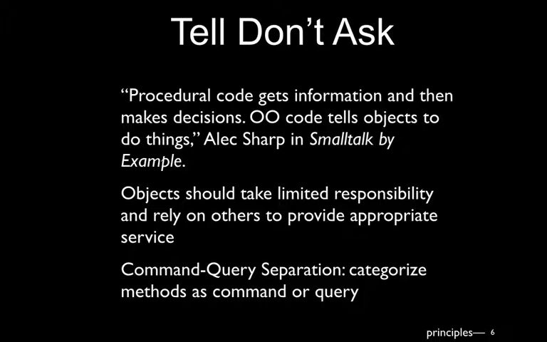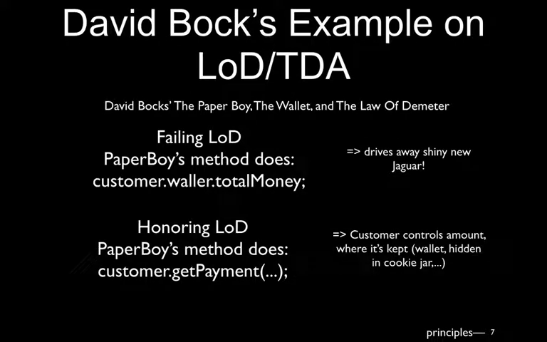I'll start with one example by my good friend David Bock, and he talks about this example of a paper boy. In one model, which fails the law of Demeter and also fails the tell don't ask principle, the paper boy has a method where he wants to go get money for the paper he is delivering.